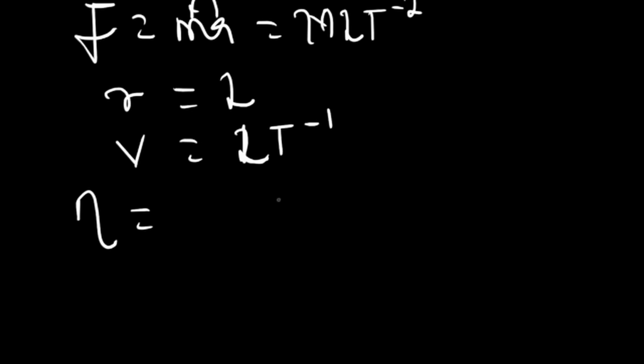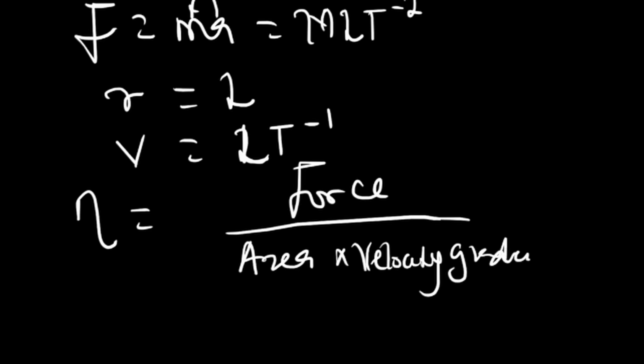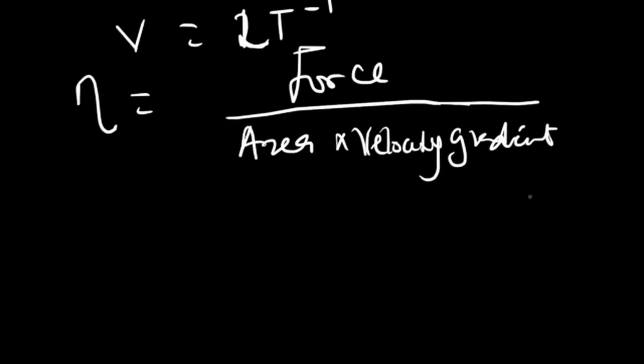And the formula for viscosity is force over area times velocity gradient. So force over area multiplied by velocity gradient gives you the dimension for viscosity.